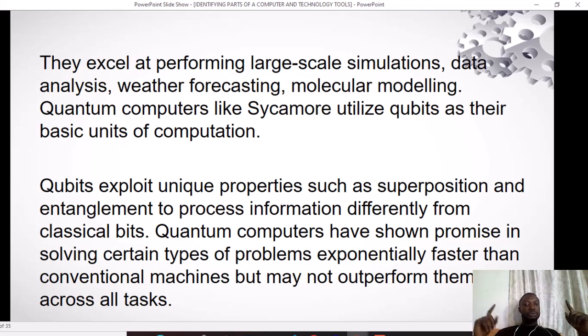So they are not the same. There's a difference between the qubits and the classical bits, of which the qubits is for Google quantum computing and the classical bit is for the supercomputers.